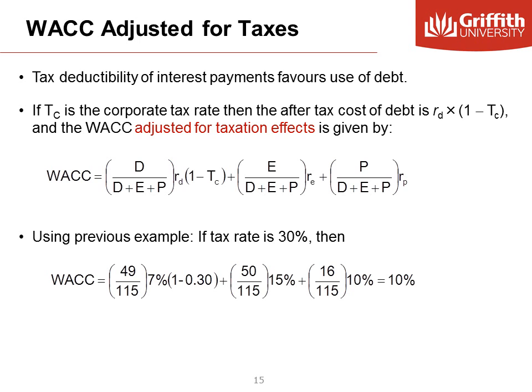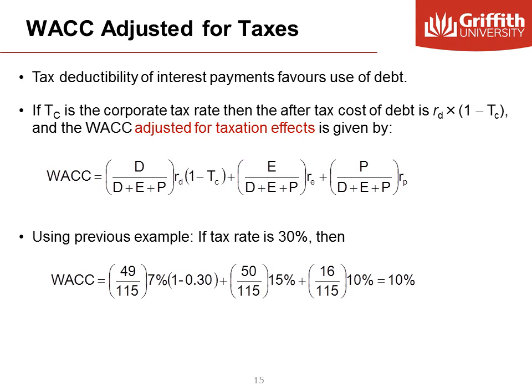Remember, dividends are not tax deductible, so there is no tax impact on the cost of equity. Same with preference shares. So the WACC adjusted becomes the same formula, except we make that change on RD. We multiply RD by 1 minus TC.